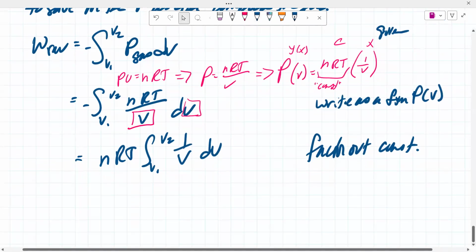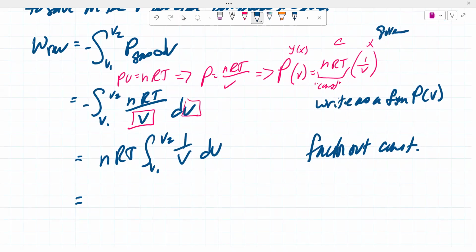Next, we need to solve the integral. So that's going to be equal to negative nRT ln v evaluated from v1 to v2. Remember, that's the evaluation point, right? So what happened here? You need to recall a math fact.